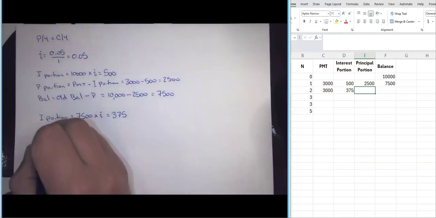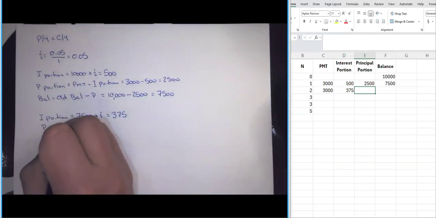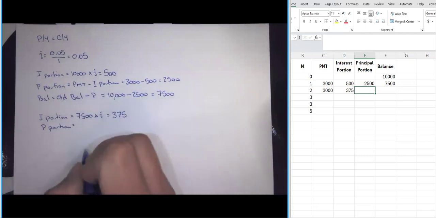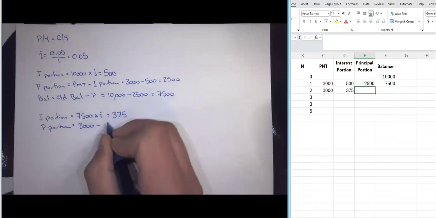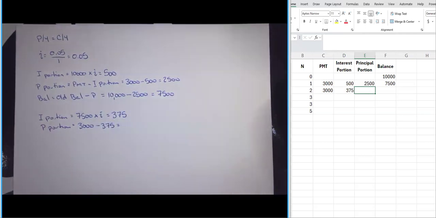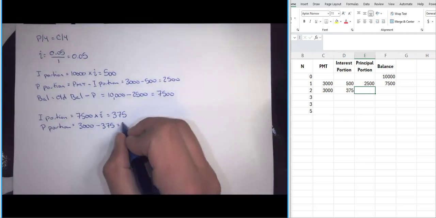Our principal portion is going to be that payment minus that $375 that we already used to pay for interest. So that's $2,625.